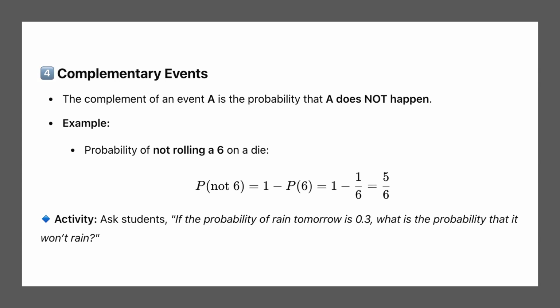Any doubt in the formula? Okay, if you are not having any doubt, let's try to solve this question. If the probability of rain tomorrow is 0.3, what is the probability that it won't rain tomorrow? It's a very simple question. Try to answer it in one shot. You have 50 seconds to answer this.